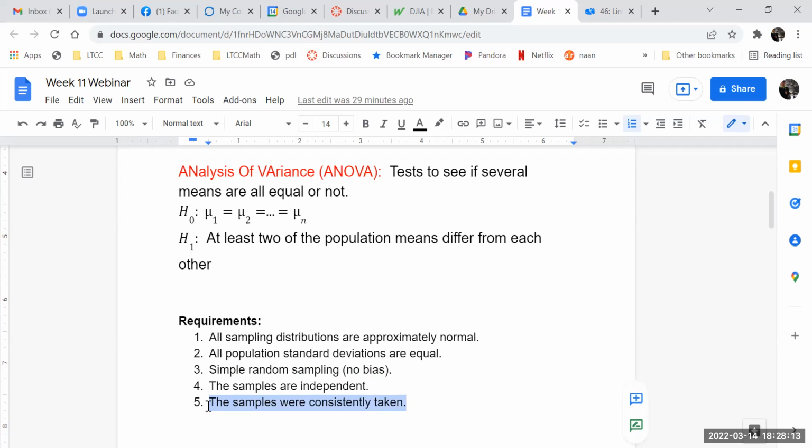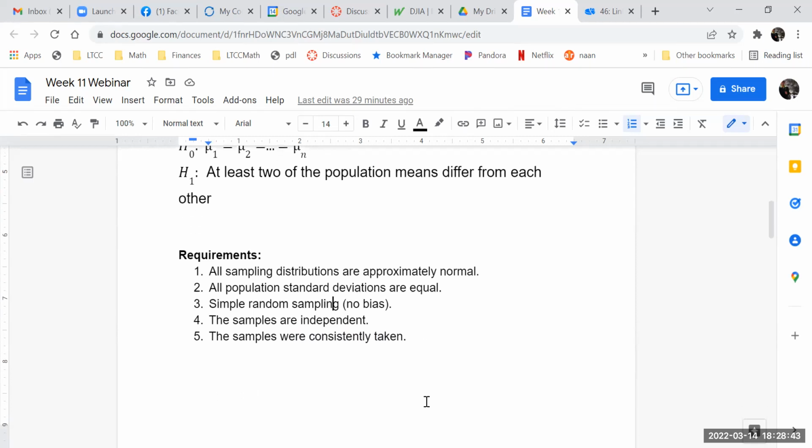Any questions at all on the requirements? These requirements are required. If you miss any of them, it's bad, and it's hard. We're going to do everything in theory, so it all sounds good, but in the real world, everything's different. Any questions at all on what ANOVA does and what the requirements are for ANOVA?